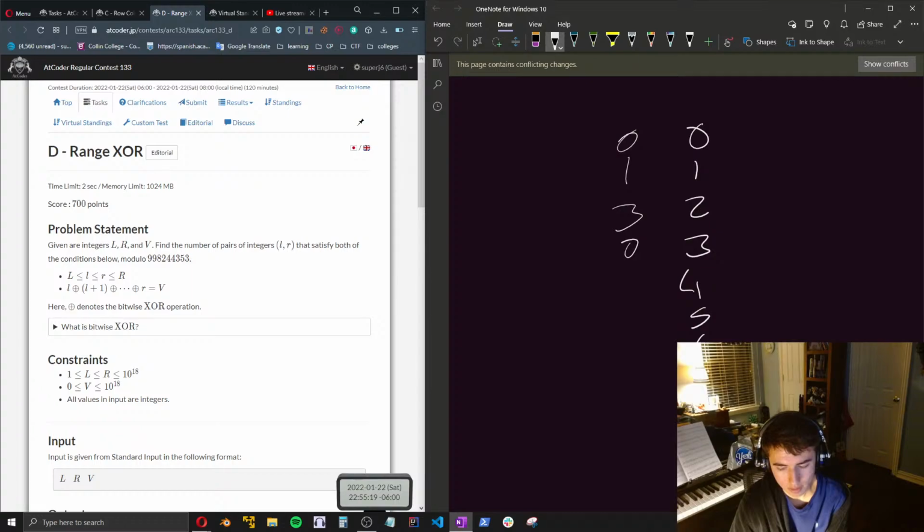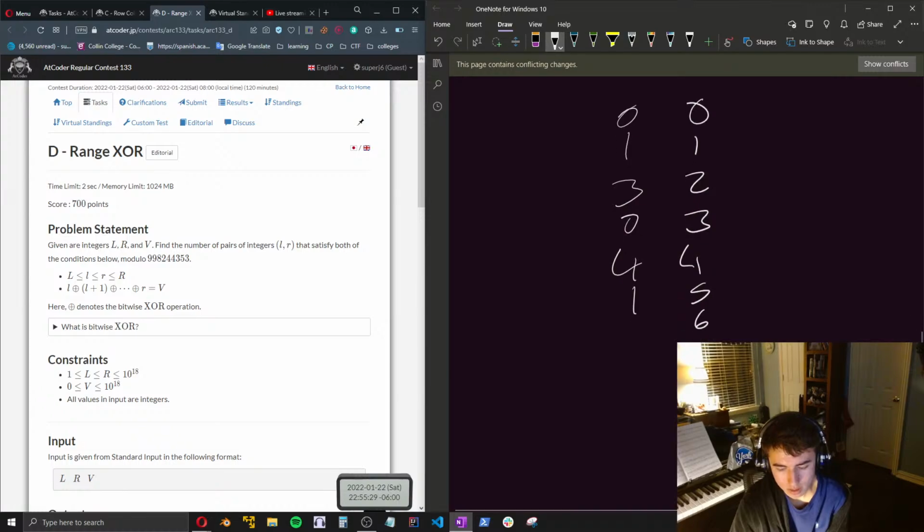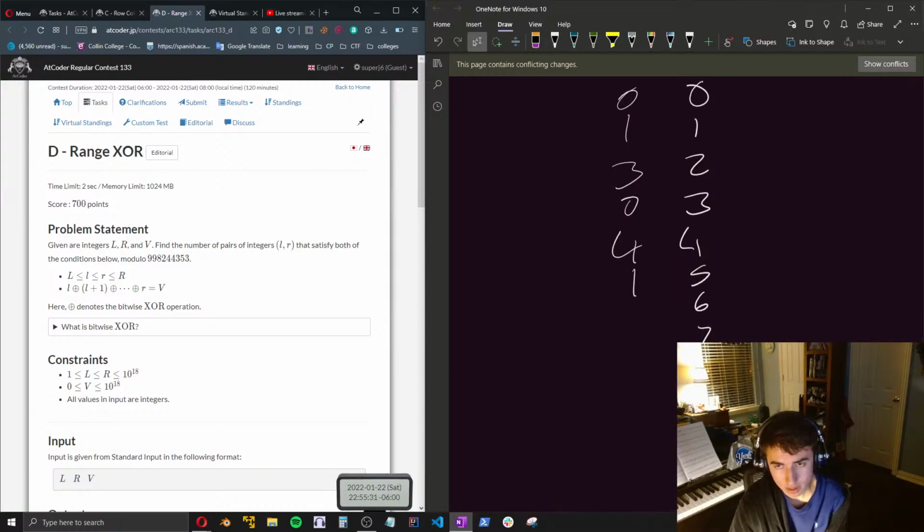And then 4, 4 XOR 5, this 1, 6, 1, 1, 0, 7, 0. So what do we see here?